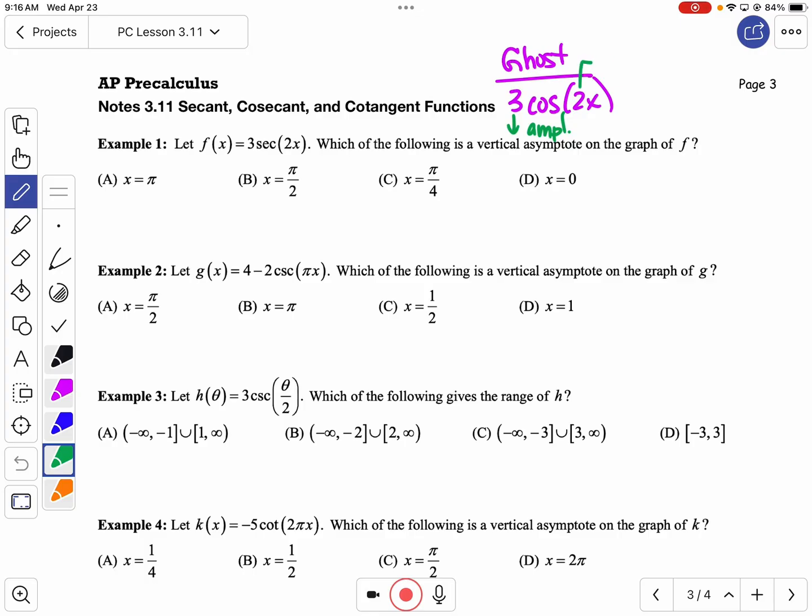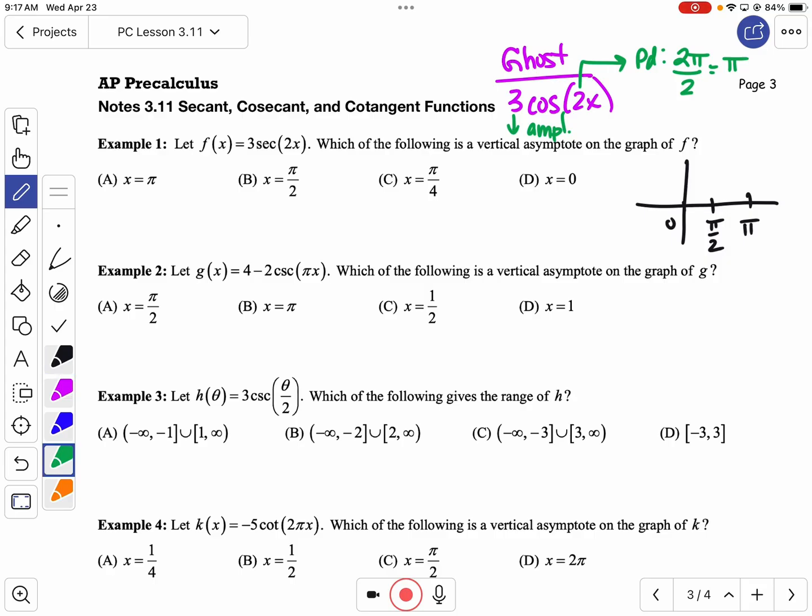Okay. What's the 2 inside going to change? The period. The period for cosine is 2 pi. We're going to divide it by 2, and now I get pi. So that means I got to get a whole crane between 0 and pi, right? So let's just look at that. We're only going to do one side. I need to get a whole crane between 0 and pi. That would mean pi over 2 is in the middle.